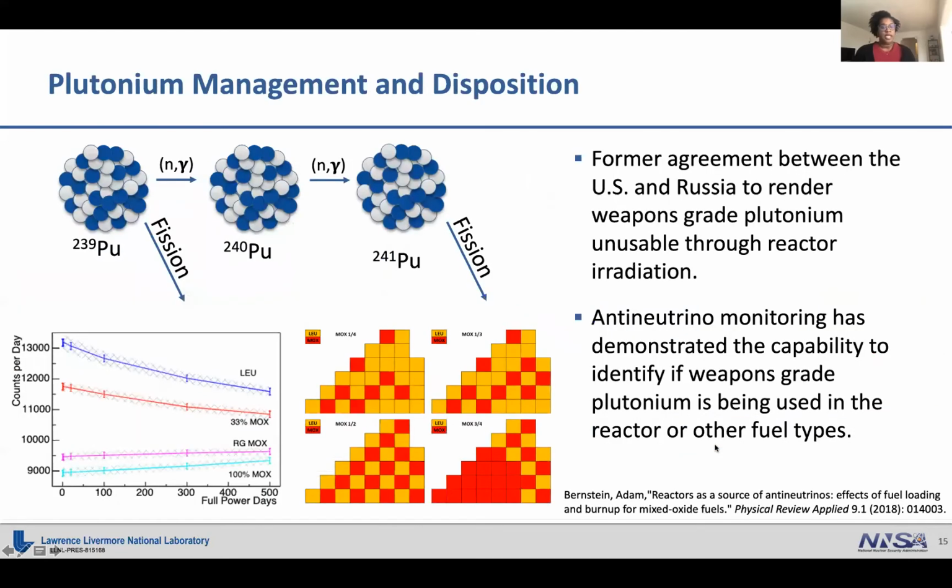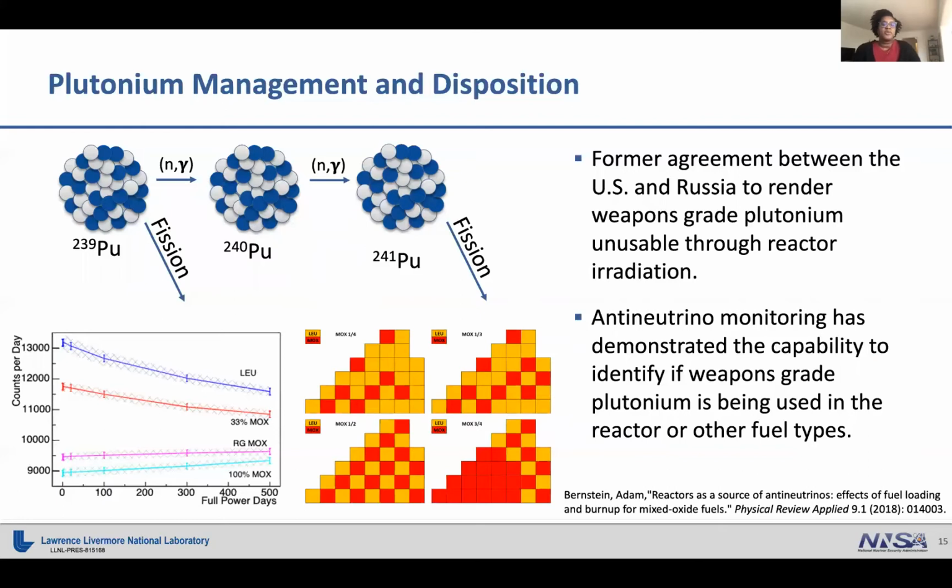Another case of antineutrino monitoring, done at Livermore as well as Georgia Tech, was to propose it for plutonium management and disposition. Within the NPT, one of the clauses does state that nuclear weapon states need to actively be working towards disarmament. One former agreement between the US and Russia, which I guess was later disbanded, was plutonium disposition.